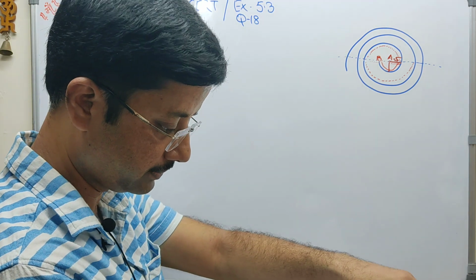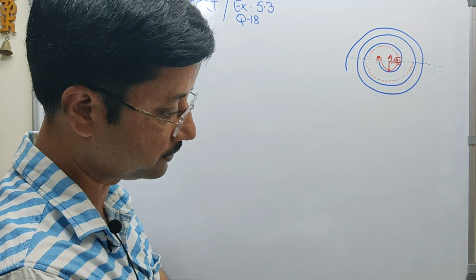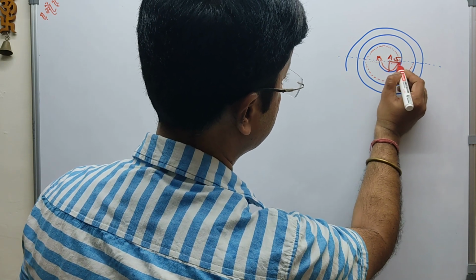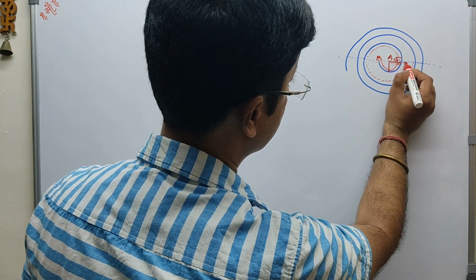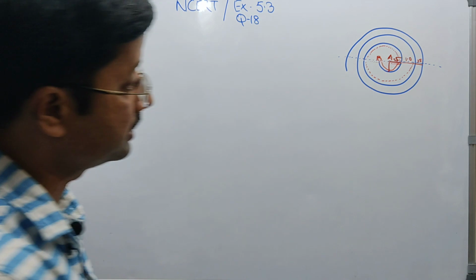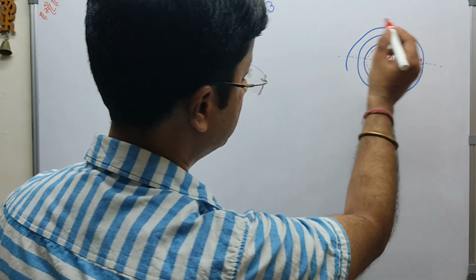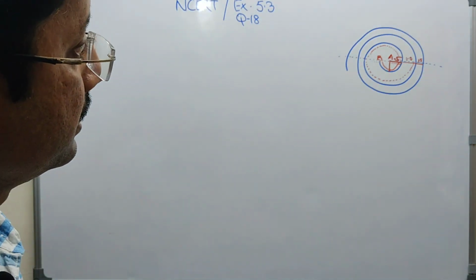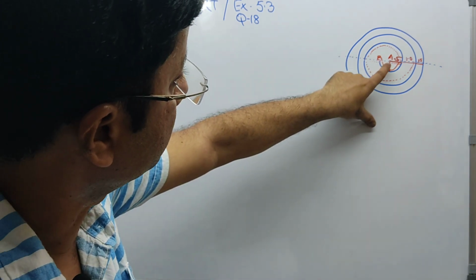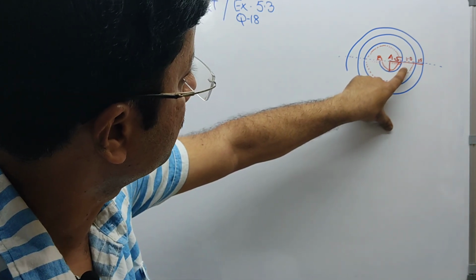What is the total length? Okay, 0.5 centimeter, then again it increases to 1 centimeter, again it increases to 1.5 centimeter, which means the radius is increasing by 0.5 centimeter each time the spiral moves along the semicircle direction. Here at A the radius is 0.5 centimeter, and for another semicircle the radius is 1 centimeter.